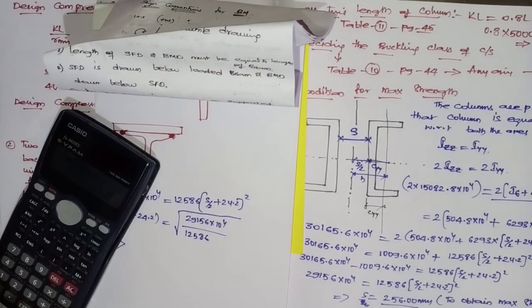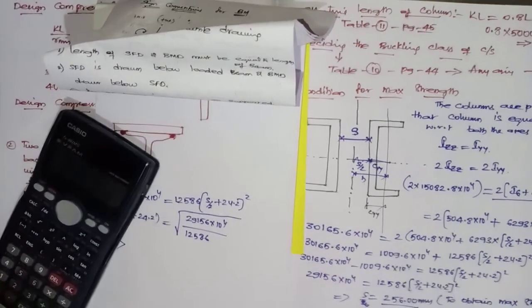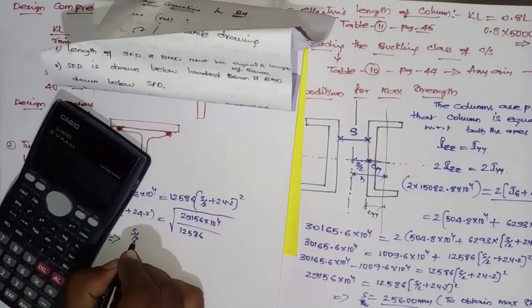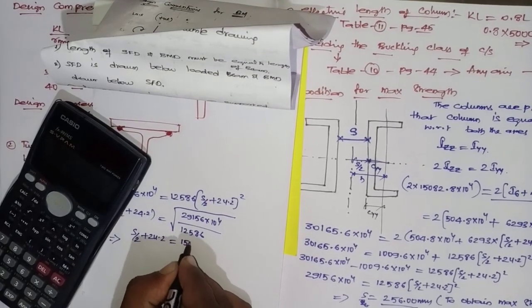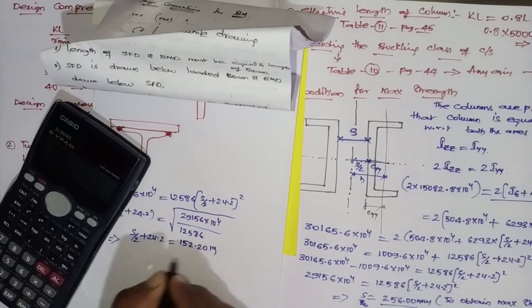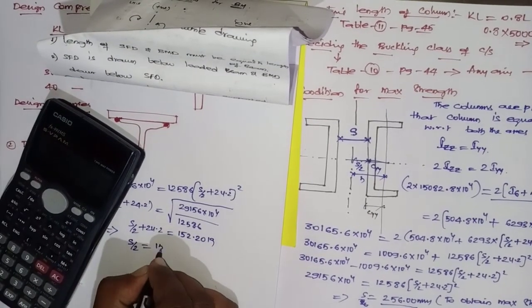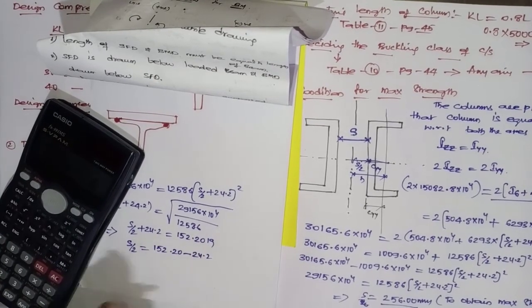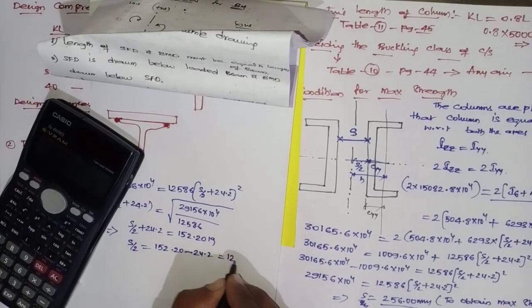How much am I getting? S by 2 plus 24.2 equals 125.209. So S by 2 equals 125.209 minus 24.2, so you are getting 128.